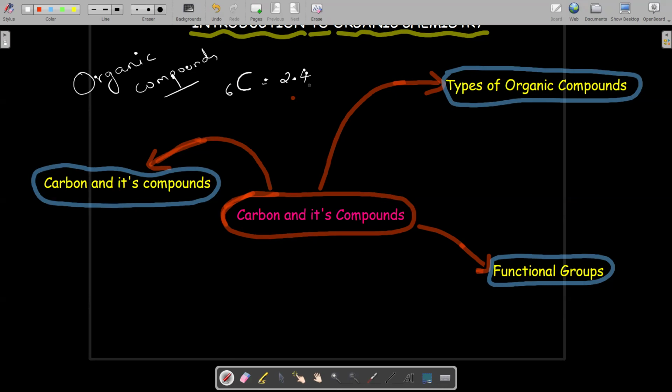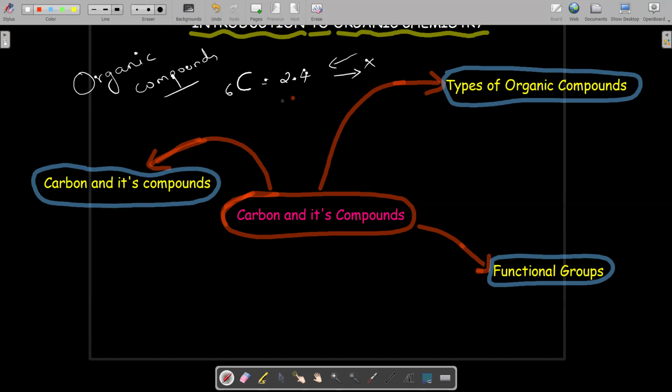But due to unfavorable energy considerations, it can neither gain 4 electrons nor lose 4 electrons. If it gains 4 electrons, it will make the neon configuration, and if it loses 4, it can make the helium configuration, but it does not do so.